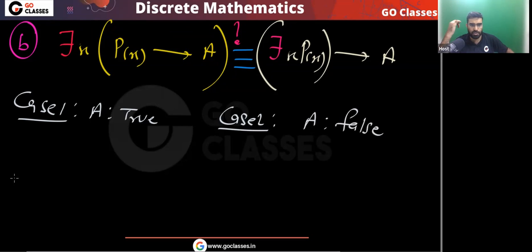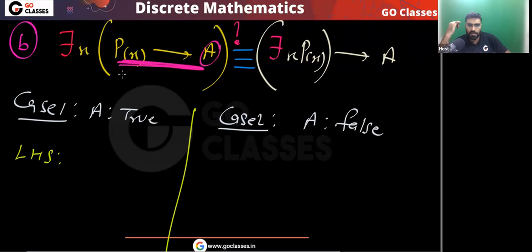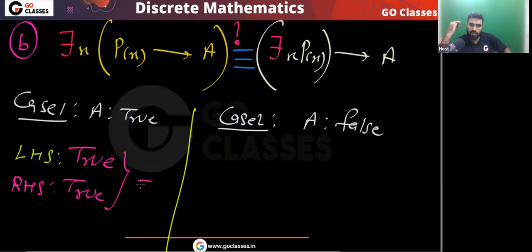When A is true, what will your LHS be? LHS will simply be true, because if A is true, then for every element in the domain, this will be true. What about RHS? If this is true, anything implies true, that is true.